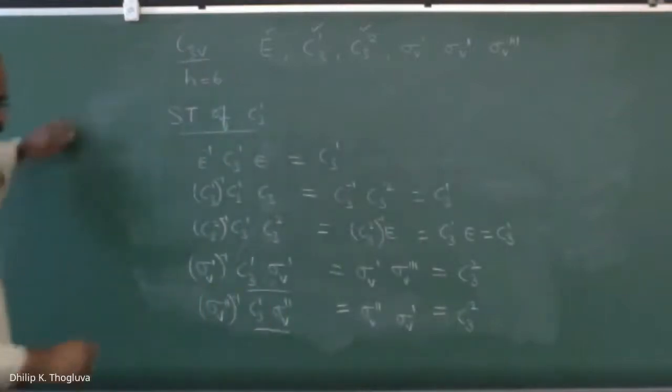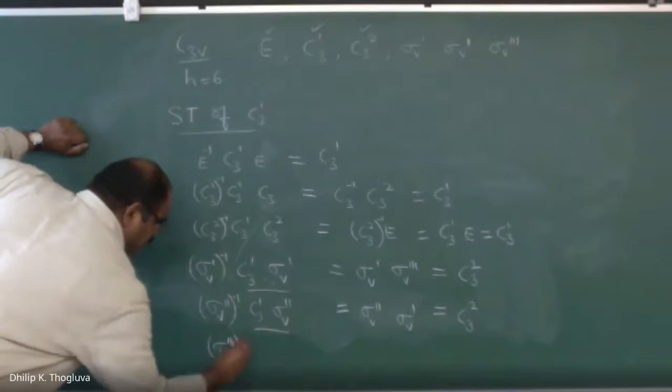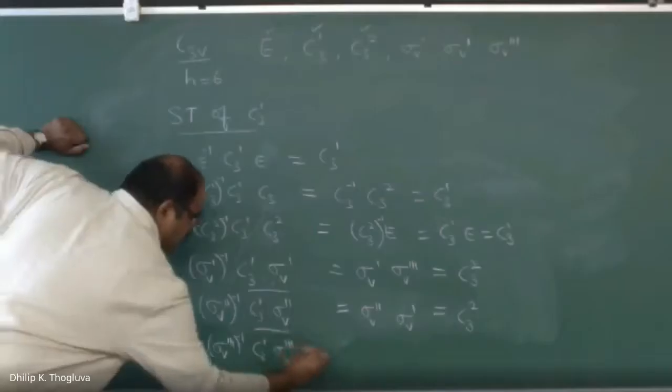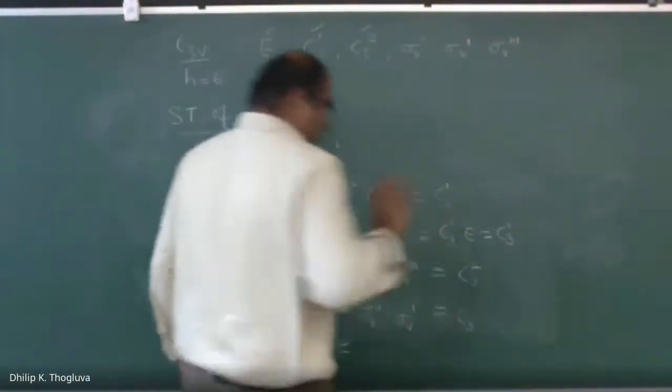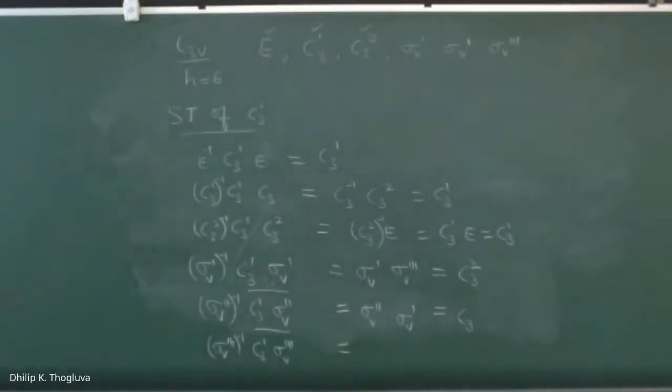So the last one also, I'll just finish it for completion. It's σv''' minus C3¹. Sir, only C3 comes? σv'' and σv' C3. C3² or C3? Yes, sir. Okay, I'm wrong. So σv''', I'm just doing it. σv''' I think earlier we did this, right? σv''' multiplied by C3.